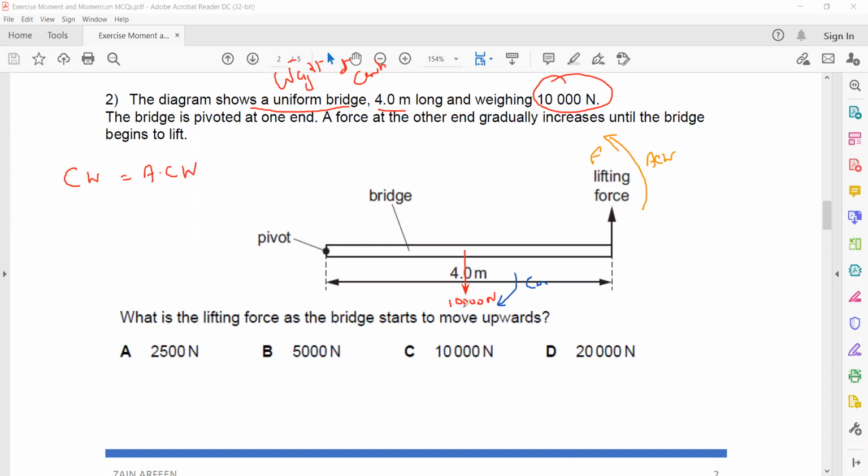What is the clockwise moment? The force is 10,000 multiplied by the distance from the pivot, because the weight is acting at the center. If the total length is 4 meter, half of the length will be 2 meters. So this will be 10,000 multiplied by 2.